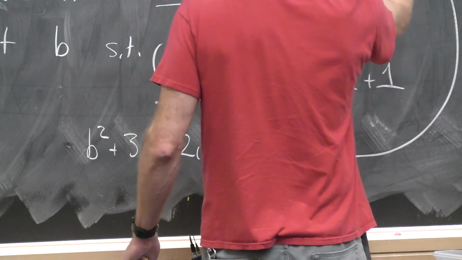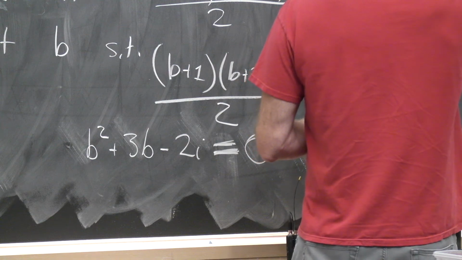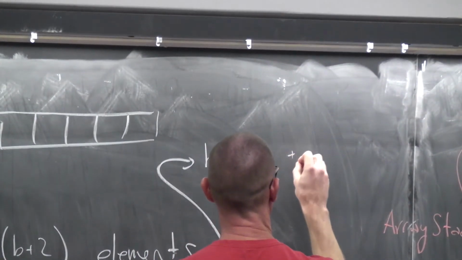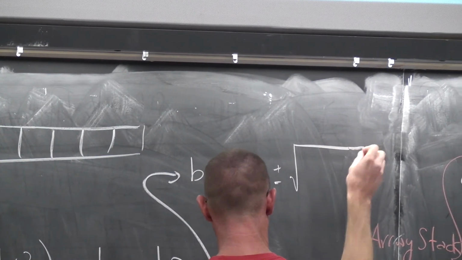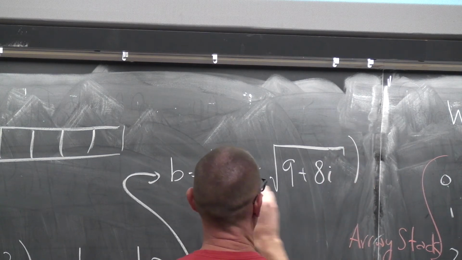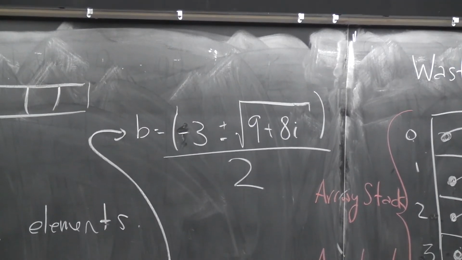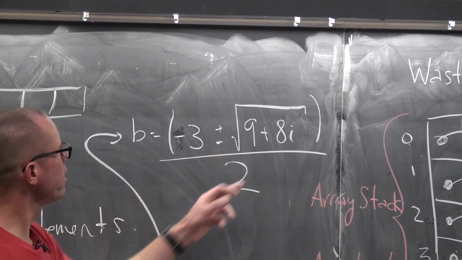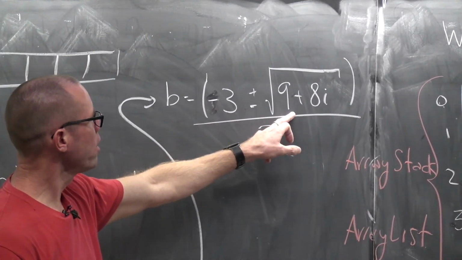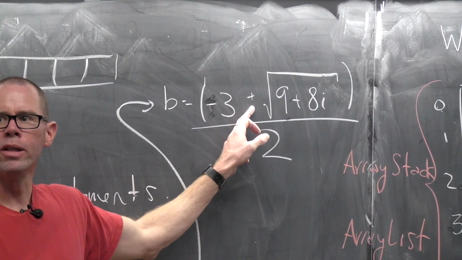So you solve this and you get b is equal to minus 3 plus or minus the square root of 9 plus 8i, over 2. So there's 2 solutions, minus 3 minus this thing and minus 3 plus this thing. Well, minus 3 minus this thing, that's a negative number. So that's definitely not the one we want.